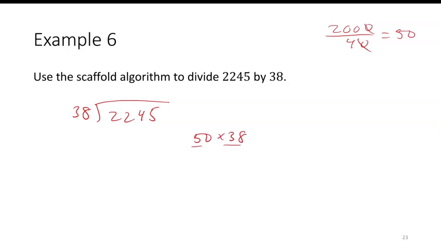Well, 5 times 38 is 190. And I'll tack on a 0, so 1900. And then subtract. So I will have 5, 4, and then 345. And so now I ask, how many times does 38 go into 345? Well, it's less than 10. Let's just say 8.